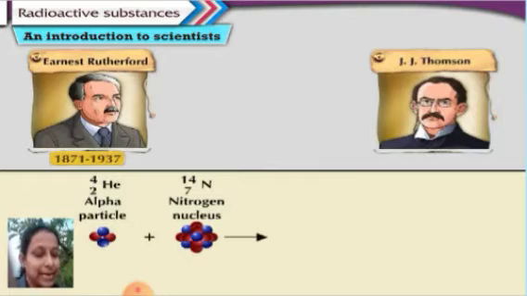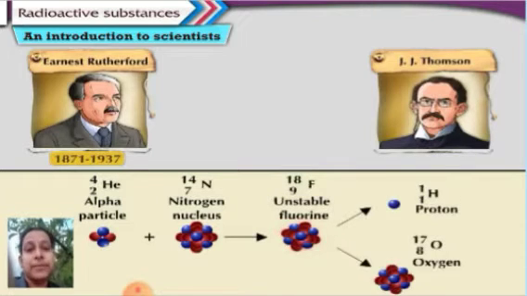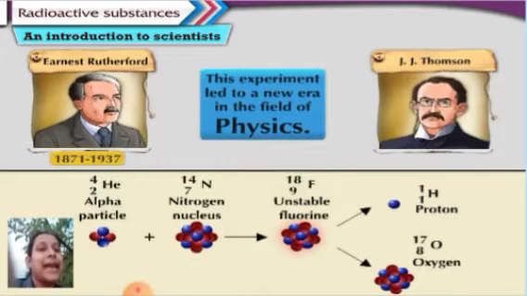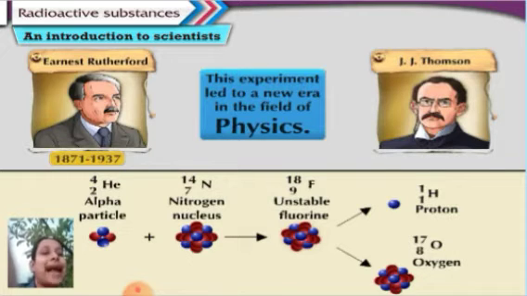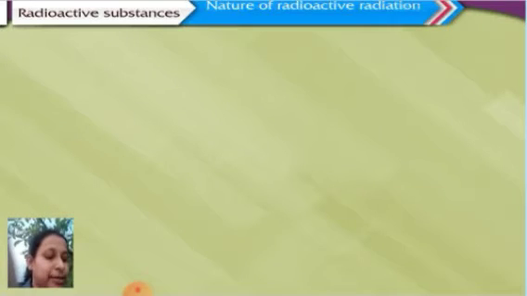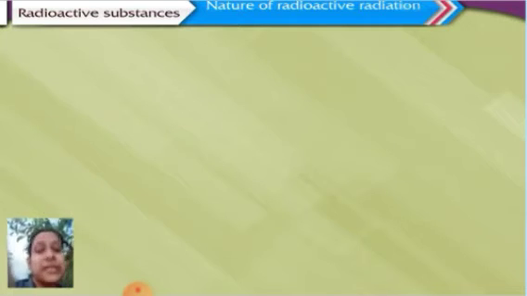He showed that if nitrogen atoms are bombarded with alpha particles, they can be split into unstable elements like fluorine and oxygen. This experiment ushered in a new era in the field of physics. This is how the discovery of the different radioactive substances was done.